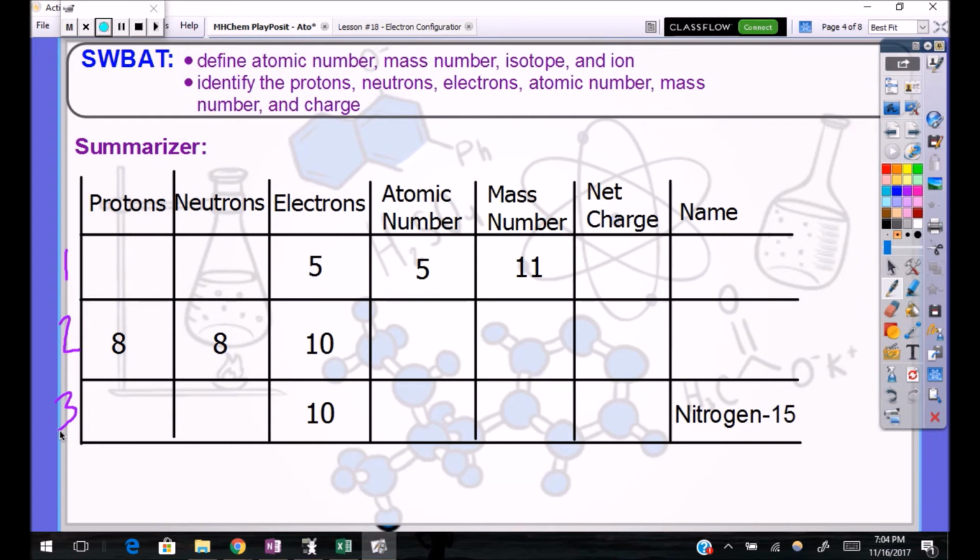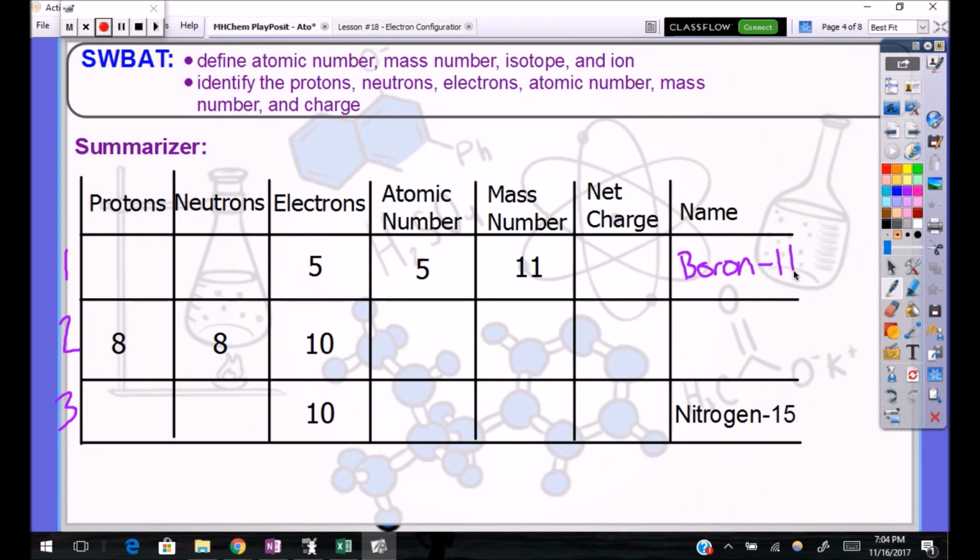Okay, perfect. Let's go through. First thing we see is 5 electrons. That doesn't really help us at the moment, but we do see an atomic number of 5. If we look on our periodic table, we can determine that 5 is boron, and it has a mass number of 11.